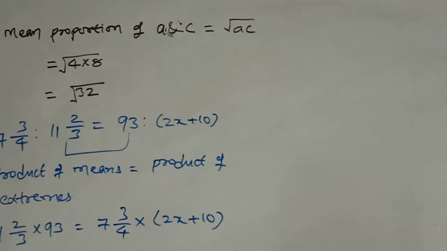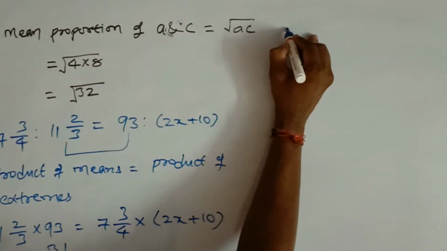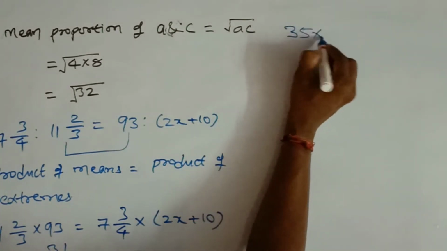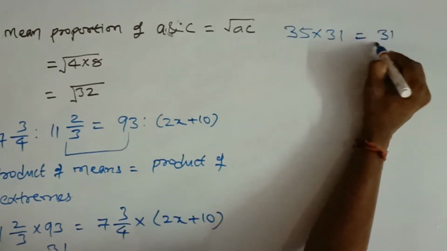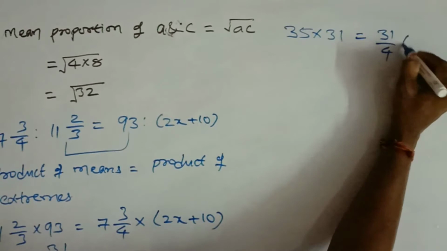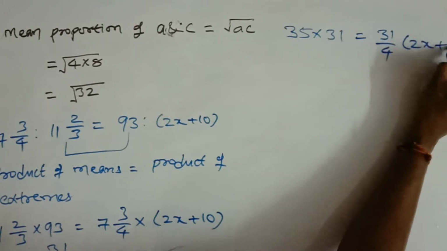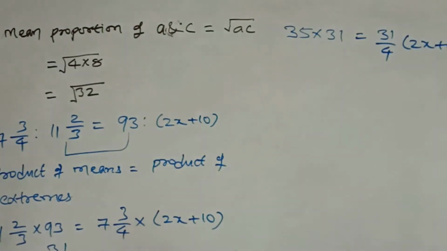Okay, so here cutting, 3 1s are 3, 3 31s are 93, so that's equal to 35 into 31 is equal to 31 by 4 into 2x plus 10.